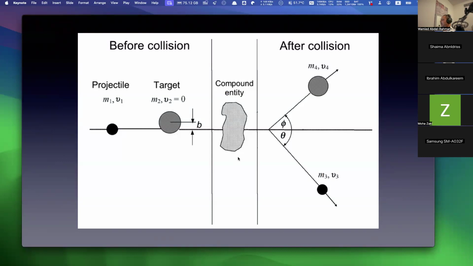Then something happens when this collision occurs, and after that, we might get two other particles or even more. In this case, a particle of mass m4 with velocity v4 is scattered or ejected at an angle phi, and we have another particle of mass m3 and velocity v3 scattered at an angle theta with respect to the direction of the incident projectile.